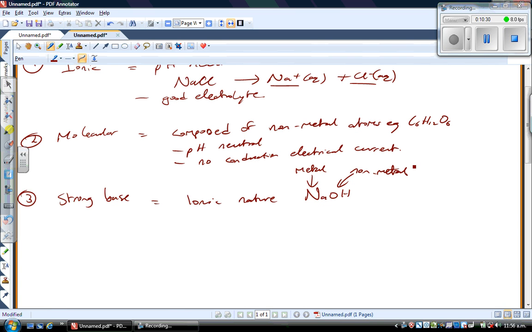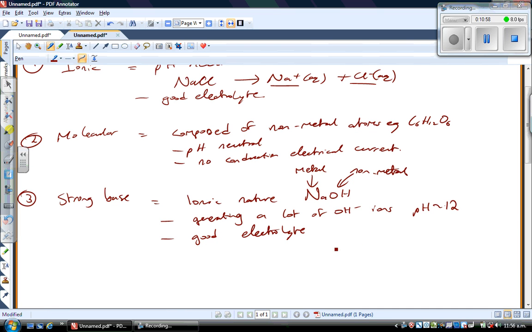So they're ionic in nature, but to distinguish them from simple ionic compounds, they influence the pH by generating relatively a lot of OH minus ions. Okay, so that makes the pH quite high, typically around 12. And also good electrolytes.